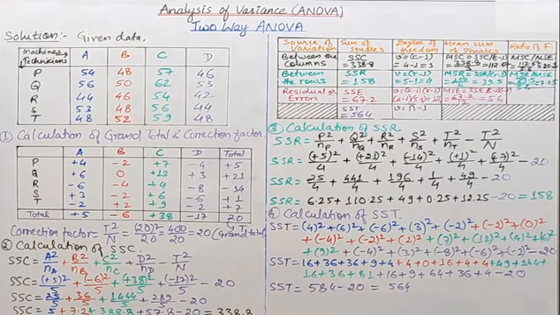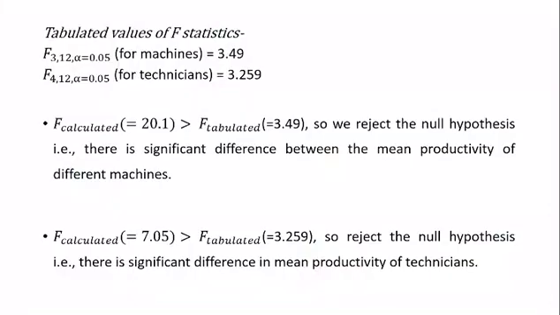This will be equal to MSR upon MSE. The value of MSR is 39.5 and the value of MSE is 5.6. So the F2 value is equal to 7.05.